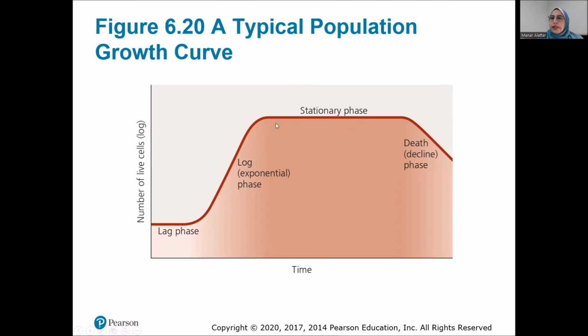Then, at one point, there's a balance between the number of organisms and the amount of nutrients present in that environment, and there's a stationary phase where the population doesn't decrease, but plateaus. Once the extraction of nutrients is more than what is possible for that number of organisms, the organisms tend to decline, right?